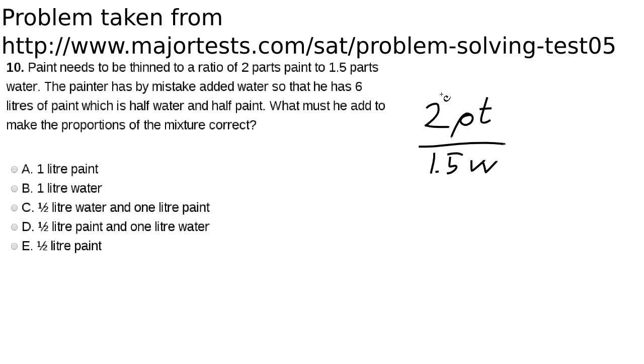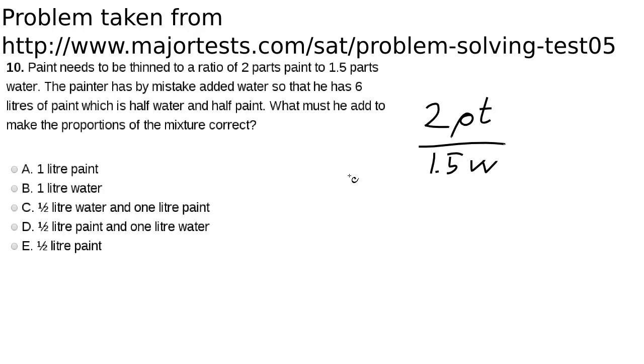I want to get that written out in an expression, kind of like the last problem, problem 9, that I just did with the units on the bottling machine. The painter has, by mistake, added water so that he has 6 liters of paint, which is half water and half paint. What must he add to make the proportions of the mixture correct?